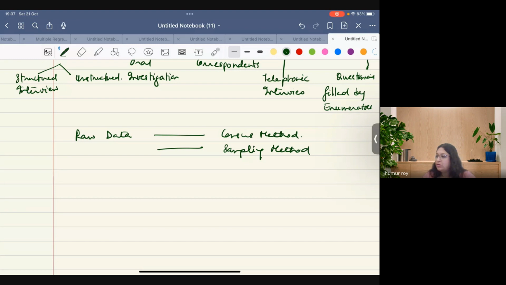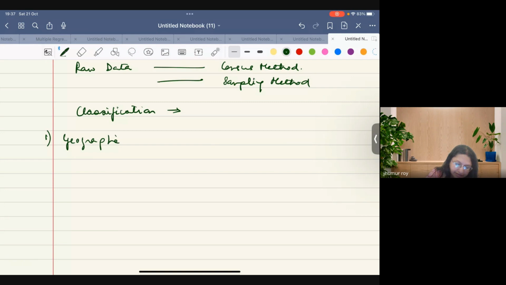Okay, so when we come to classification of data, I'll just talk about types of classification, not more than that. Classification is when we have got our data and we put it into different categories. The first kind of category that we have is geographical data.